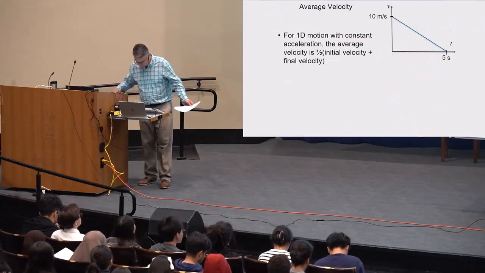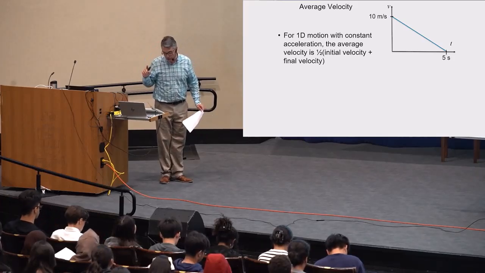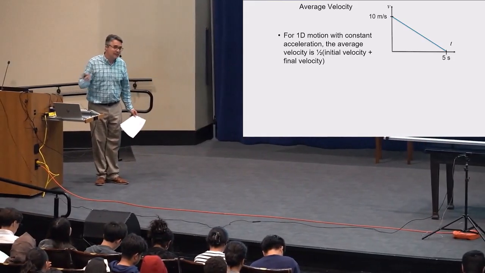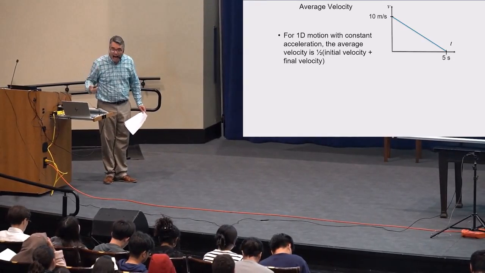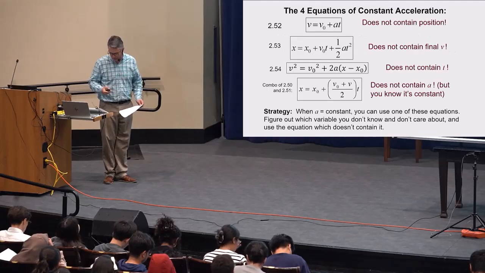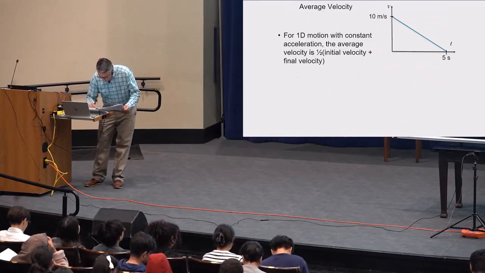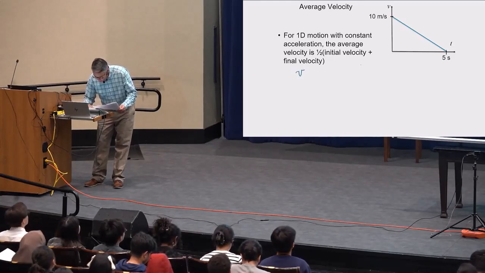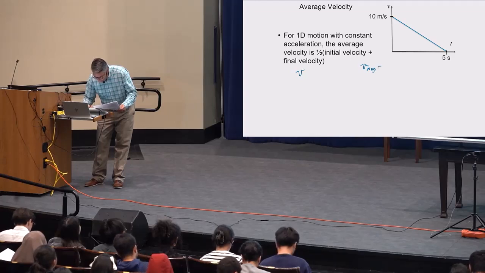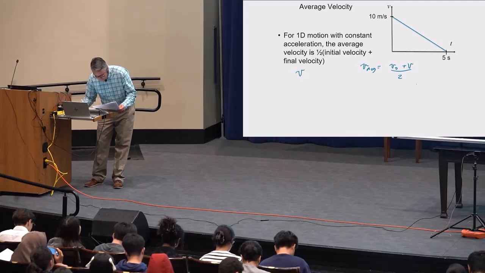So we're going to do another equation. For one-dimensional motion with constant acceleration, it turns out, and this is something I didn't really explain, that the average velocity is half of the initial velocity plus the final velocity. So I can write that out for you. V average is equal to (v0 plus v) divided by 2.